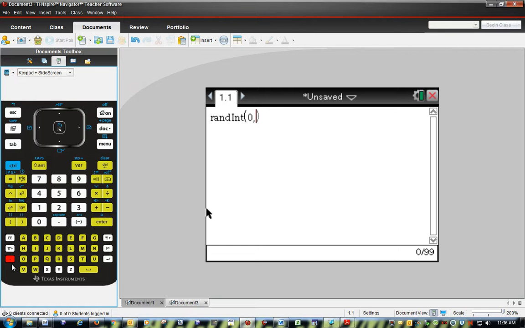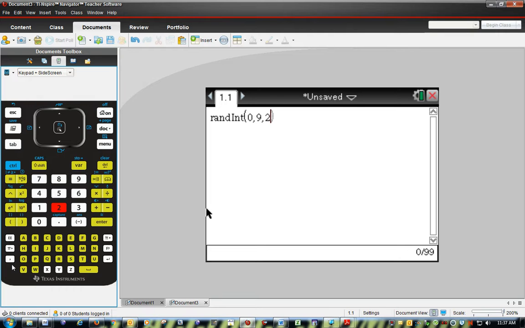And then another comma. How many integers do we want it to tell us? Well, what's the maximum number of shots that Lisa can take at any one time? 2. She's not shooting 3-pointers. So it'll be randint 0, 9, 2.